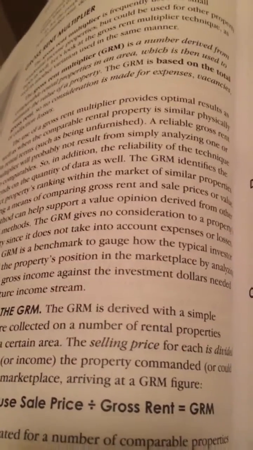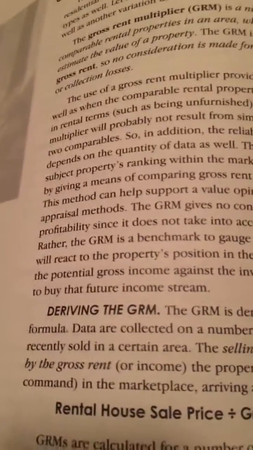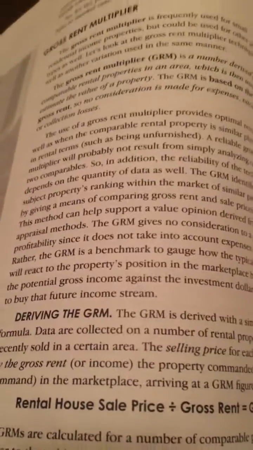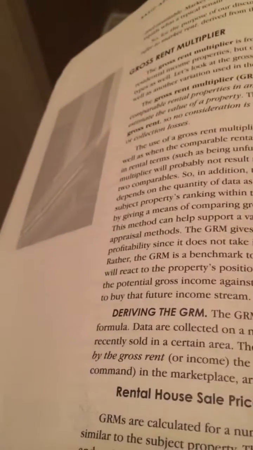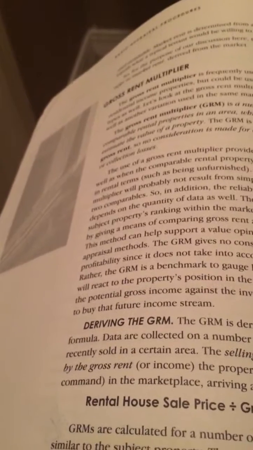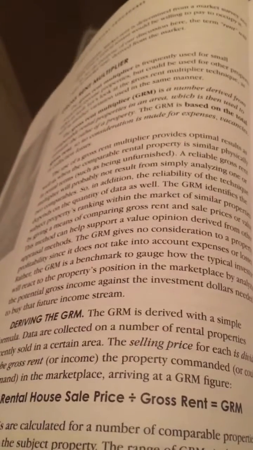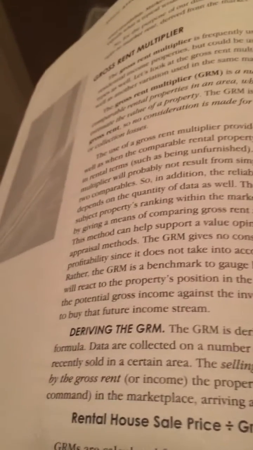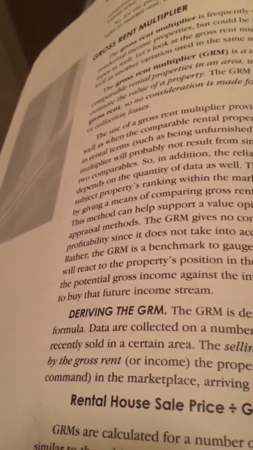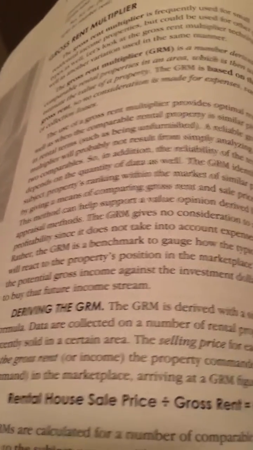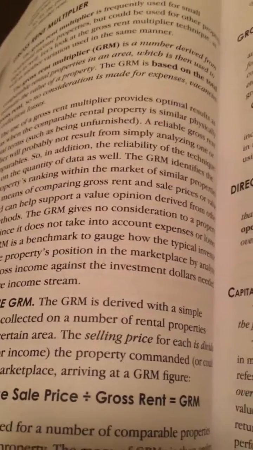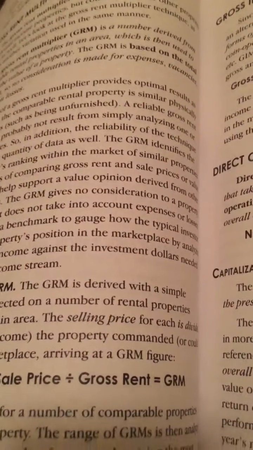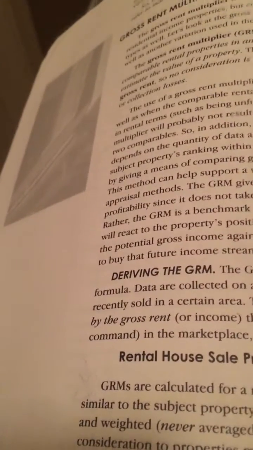The selling price for each is divided by the gross rent or income the property commanded or could command in the marketplace, arriving at a GRM figure. Rental house sales price divided by the gross rent equals the GRM, gross rent multiplier.